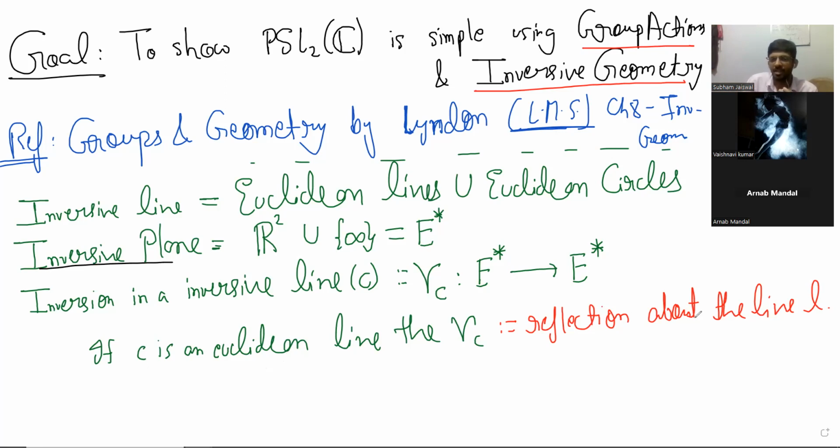The point is, how do you generalize a reflection about a line to a reflection about a circle? Please try to give me some answer to this question. How do you reflect about a circle? Because that is what the definition is going to be. Have you ever done something like reflection about a circle?